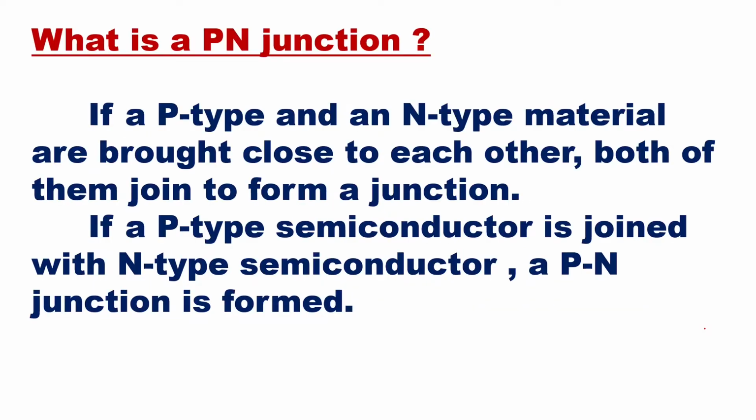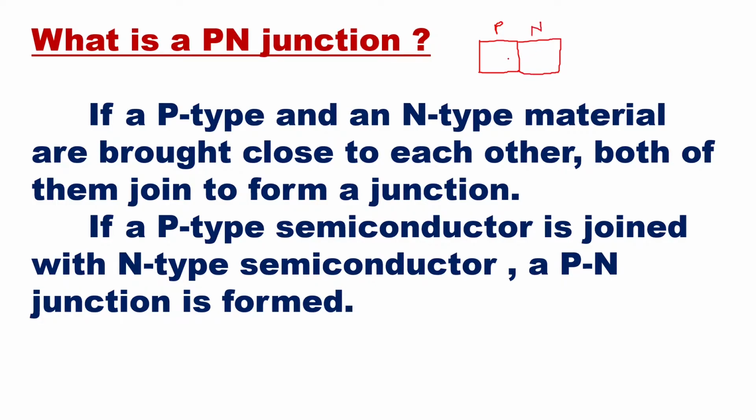Now basically, in a simple language we can define a p-n junction like this: if a p-type and an n-type material are brought close to each other, both of them join to form a junction. So you can see here, this is a p-type semiconductor, and this is an n-type semiconductor.